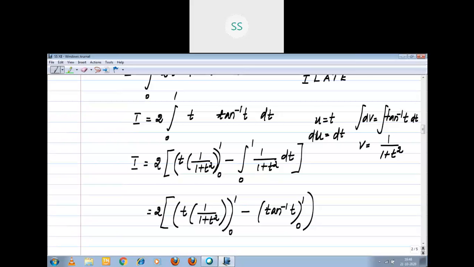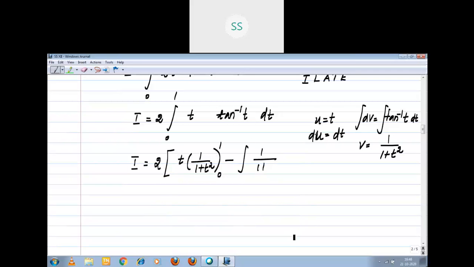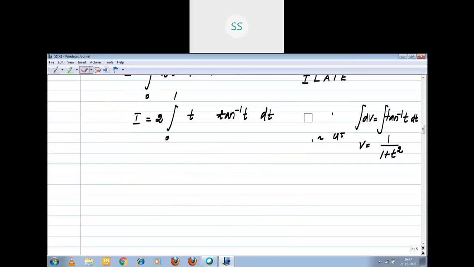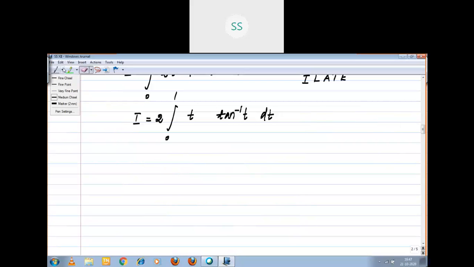Sorry children, inverse trigonometry is there, no? Using the ILATE rule, you have to take u equal to tan inverse t, and integral dv equal to integral t dt.